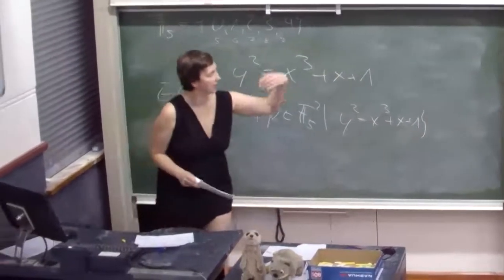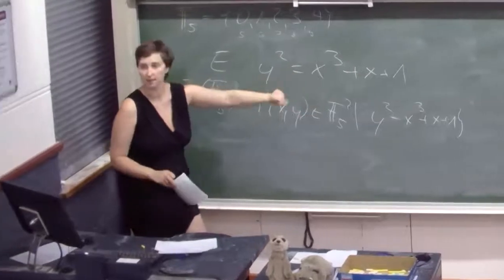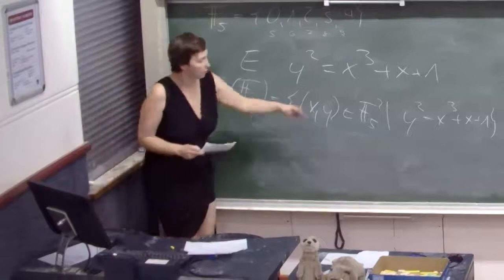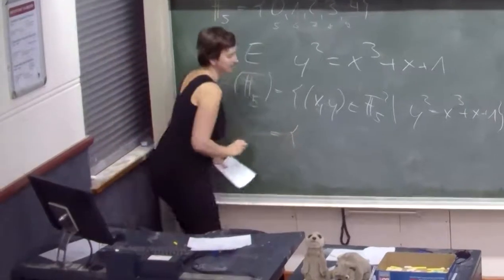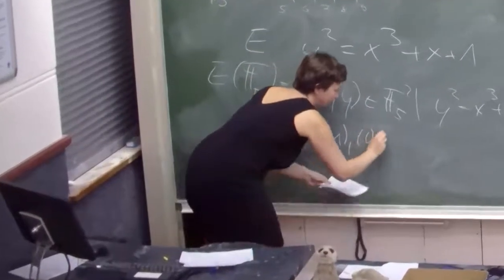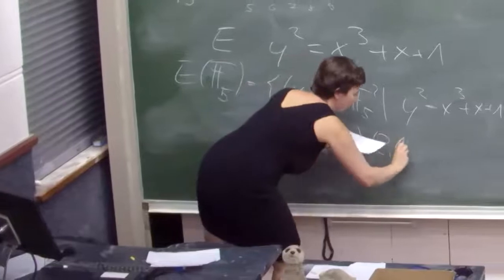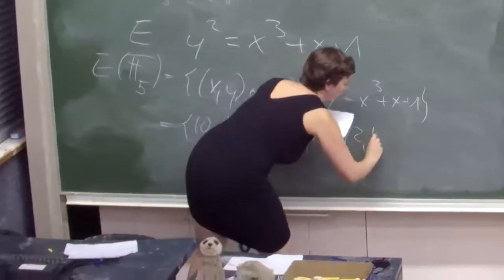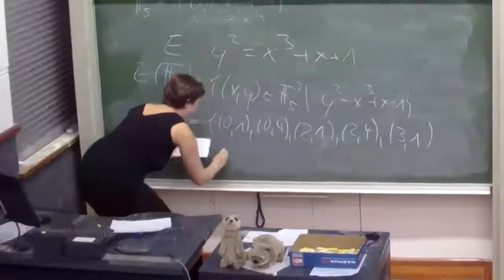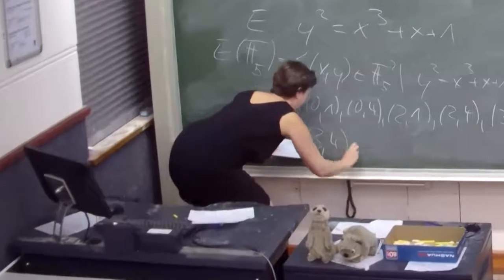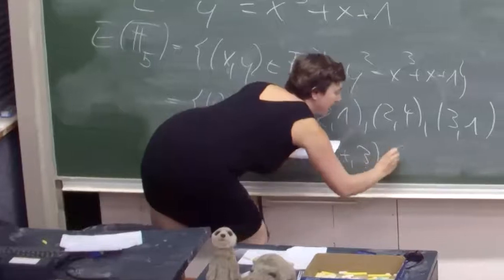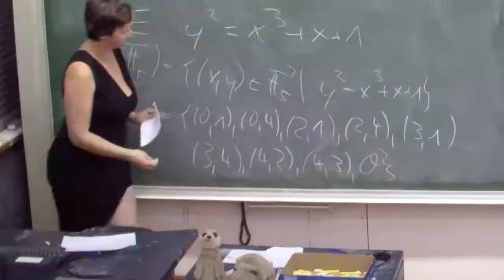And just by using how we calculate in this modular arithmetic mod 5, we can compute that these are exactly the points (0,1), (0,4), (2,1), (2,4), (3,1), (3,4), (4,2), (4,3), and this crazy point at infinity.